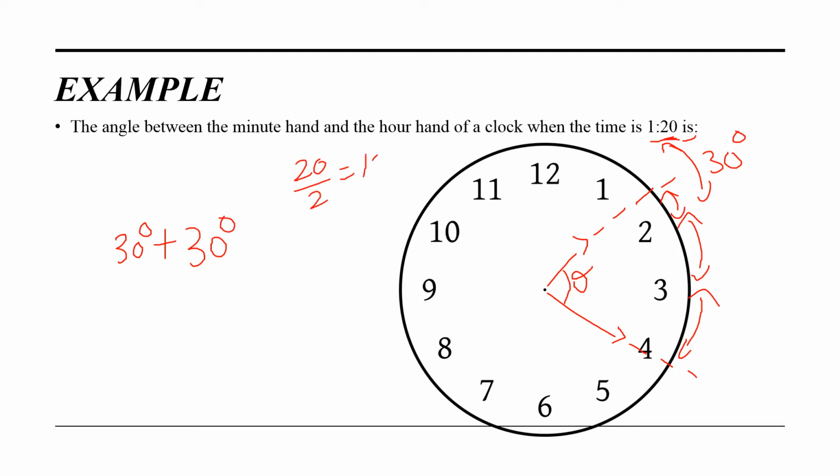So the hour hand moves 10 degrees here. From this we can easily calculate this angle: 30 minus 10 gives you 20 degrees. We have to add this 20 degrees here. So the angle between the minute hand and the hour hand of a clock when the time is 1:20 is 80 degrees. Move on to the next problem.